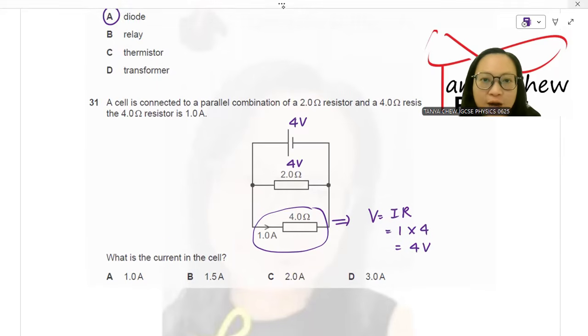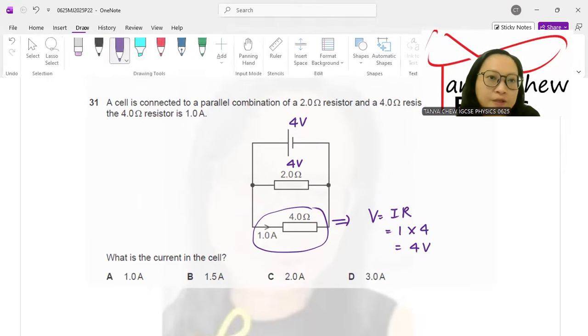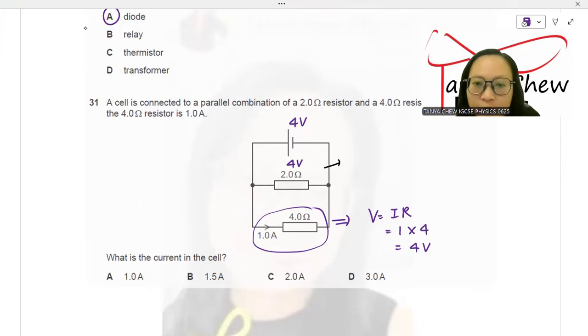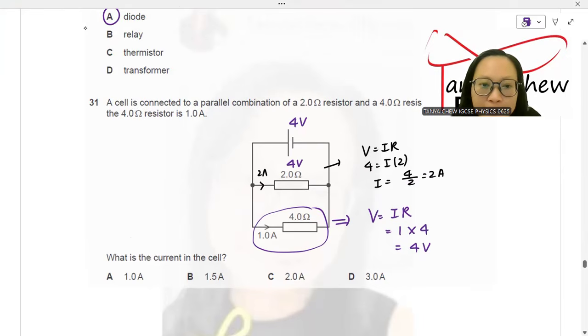So from here, I would like to find my current. V is equal to IR. 4 is equal to current times 2, and the current is equal to 4 divided by 2, which is 2 ampere. I want to find the current in the cell.